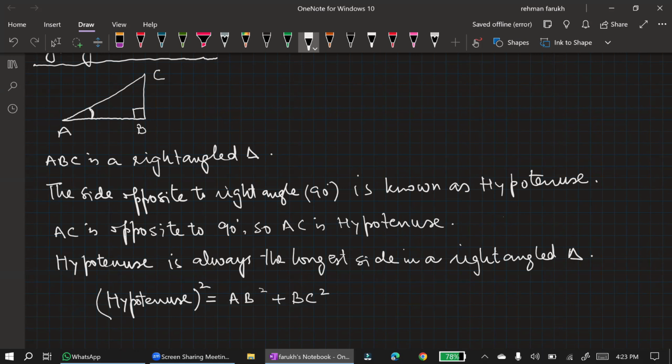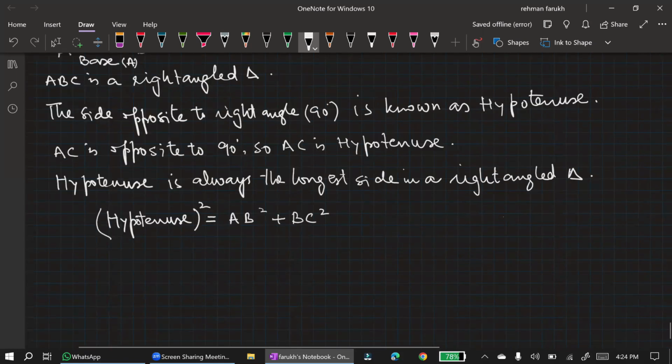With reference to A, BC is the perpendicular. And the third side is known as the base with reference to angle A.